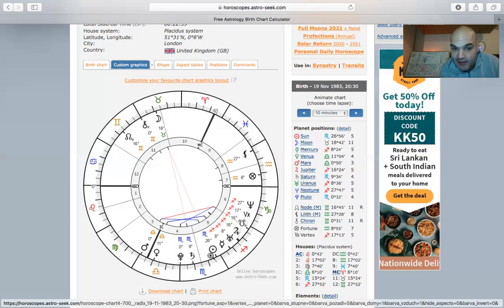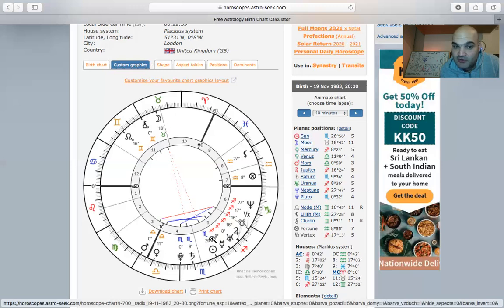So as you can see, I have the Sun, Mercury, Uranus, Jupiter, South Node, and Neptune all in the 5th house. So I'm all about creativity and expression. But then what you've got to look at is what the planets mean and which sign they fall in.